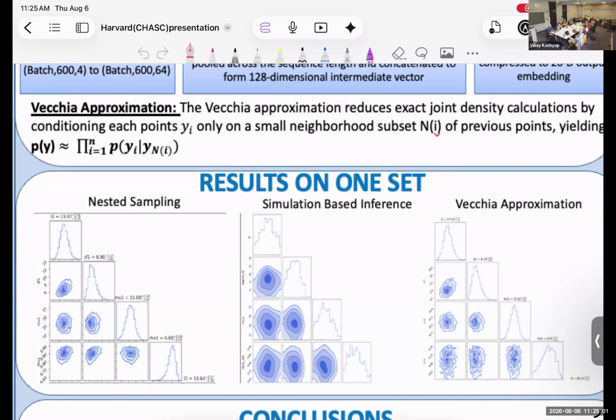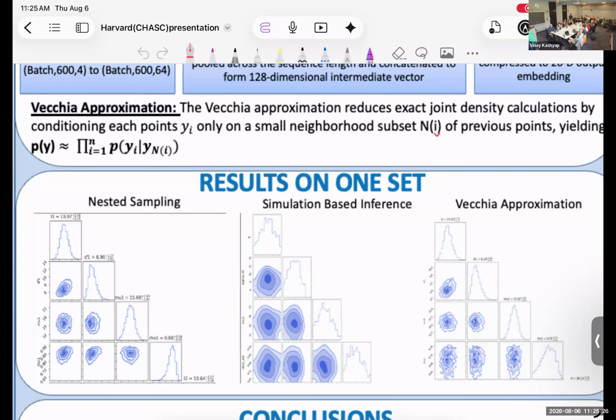You're trying to say that the middle thing is just way bigger than the other two. Well, it's clearly bigger, but bigger might not be bad. No, but nested sampling is the gold standard one. SBI was taking mostly, so my prior was set to 0.6 and 1, and it was taking the mean of the uniform distribution.